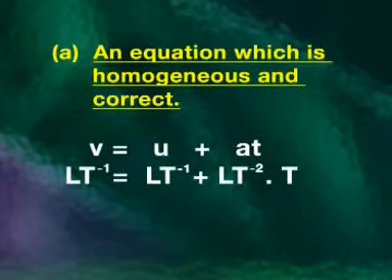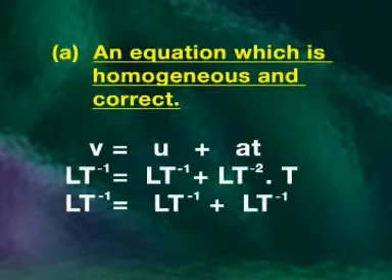That is, LT to the power -1 equals LT to the power -1 plus LT to the power -2 times T. This implies LT to the power -1 equals LT to the power -1 plus LT to the power -1.